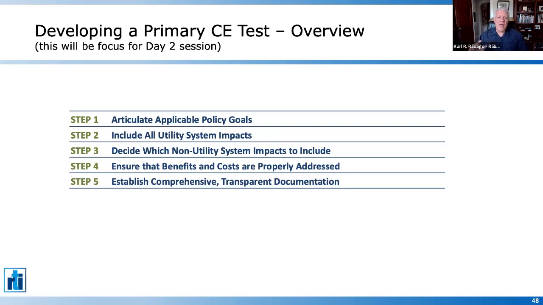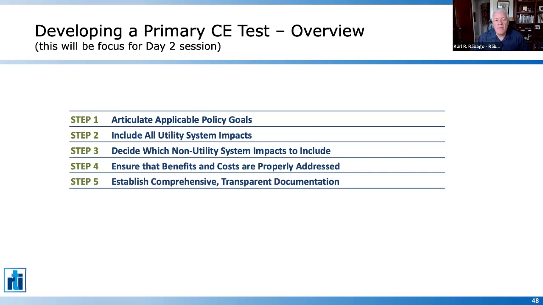Then we go to that outer cloud that I described in the diagram and ask ourselves, consistent with policy goals and other factors, which non-utility system impacts do we also want to include? Which ones are important to us? The costs and the benefits that individual customers might realize as hosts, for example.